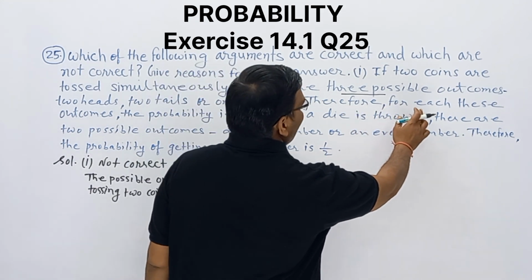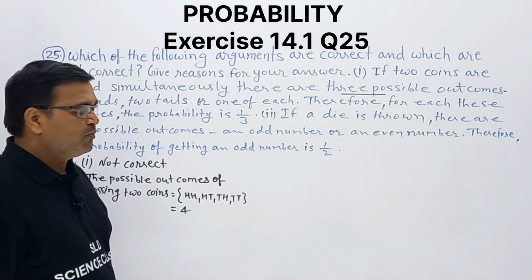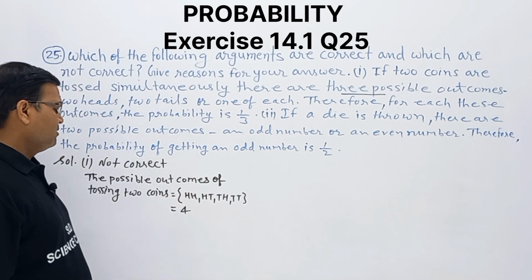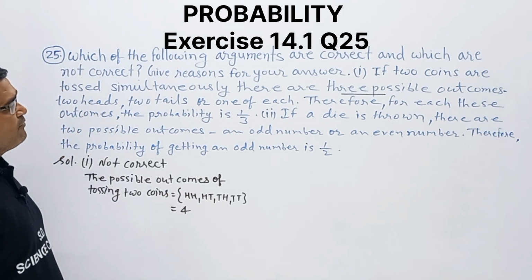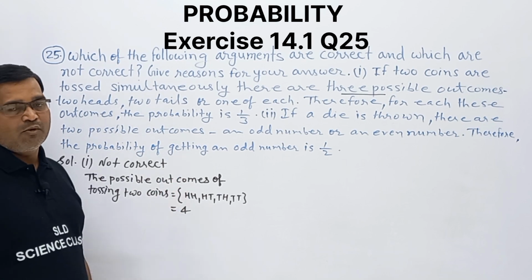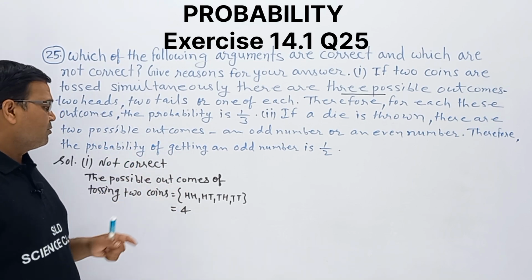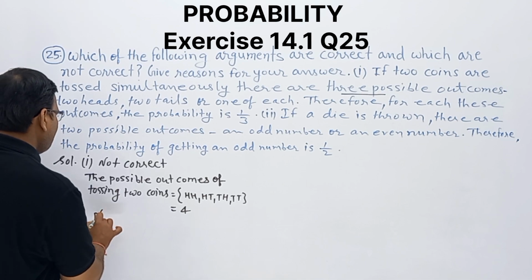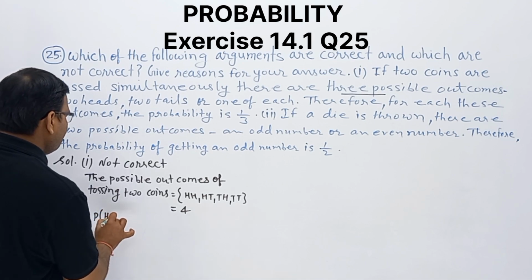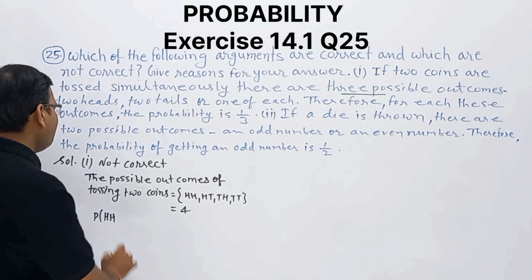Therefore, for each of these outcomes, the probability is 1/3. No. For each of these outcomes, we have four outcomes.